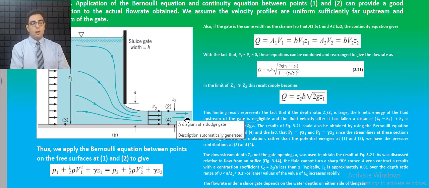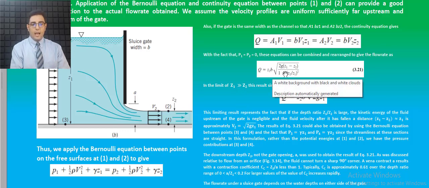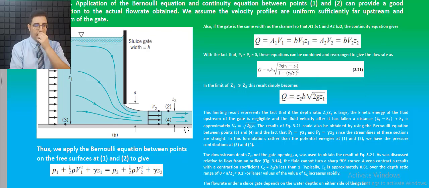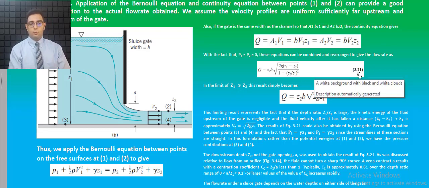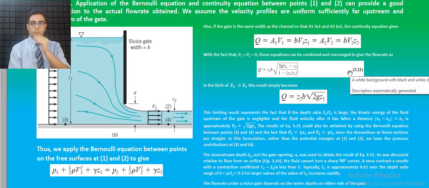P1 and P2 are directly connected to the atmospheric side, so they are totally zero. And the elevation changes from Z1 to Z2. Doing the calculation and applying all the amounts, we can reach equation 3.21 for flow rate.